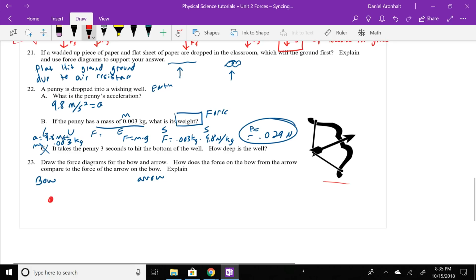So draw our dots for the bow. What's touching it? I think it's the bow or the string. I think it wants the string, but for the bow and for the arrow. So looking at the bow, what's touching it? So we have an applied F sub A from the arrow itself, right? And we have, of course, F sub G and F sub N holding it up because it's not moving. And then there is, I'm assuming, a hand pressing the other direction there.